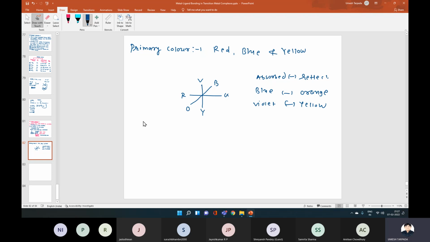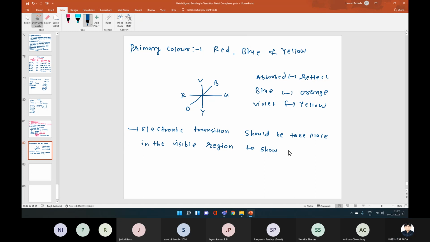So electronic transition should take place in the visible region to show color.